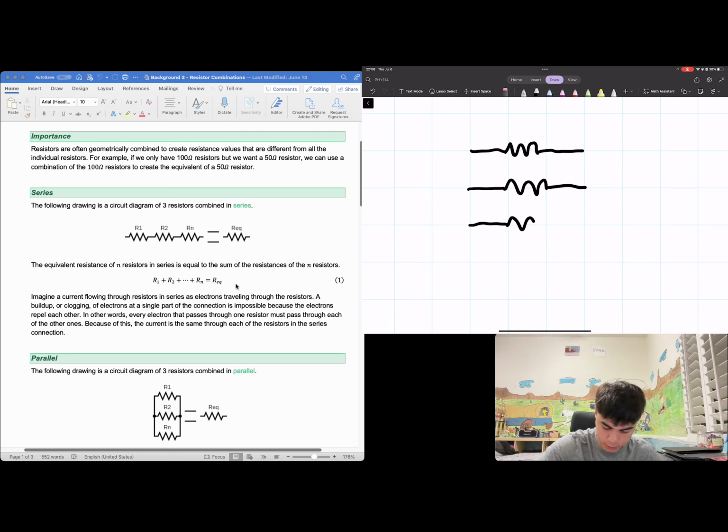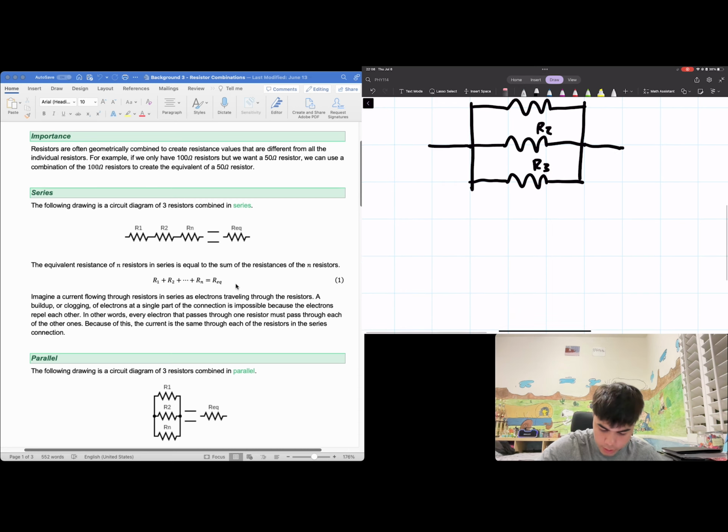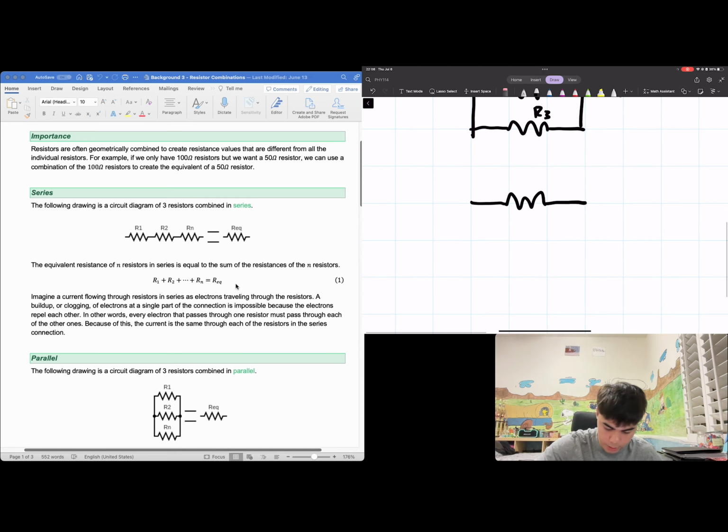which looks like this, and this is R1, this is equivalent to one resistor where the inverse of its resistance is equal to the sum of the inverses of the other resistances.